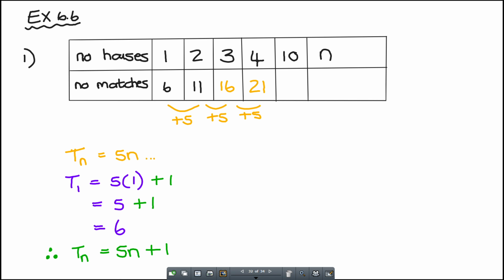Now let's go get term 10. Term 10 would be 5 times 10, which gives me 50 plus 1. So that is why it would be 51.